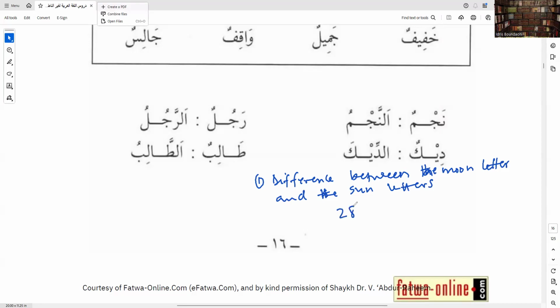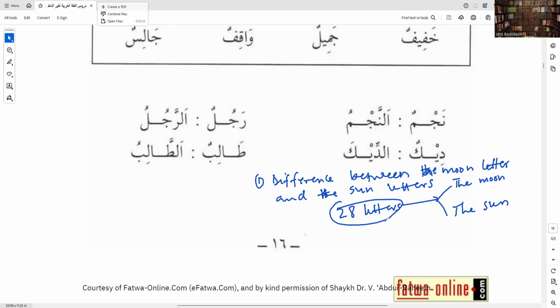Arabic has 28 alphabets or letters. I know you are aware of that. And the 28 letters are divided into the moon, that is Qamariya, and then the sun, that is Shamsiya.